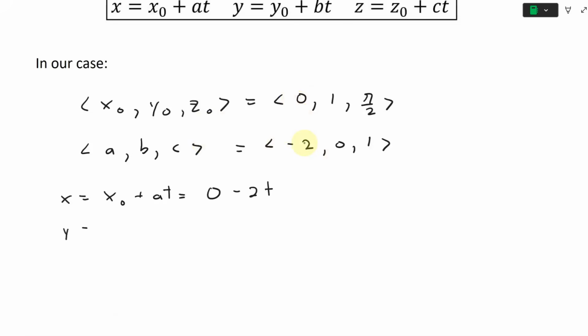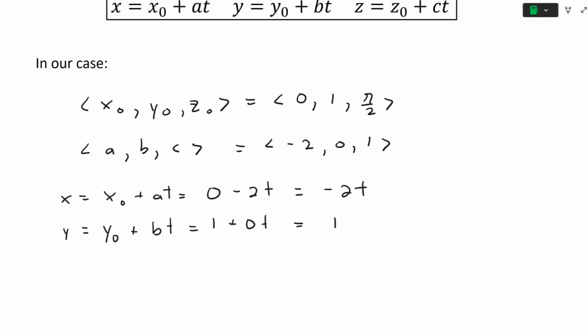And then the y is going to equal y naught plus b times t. Well, y naught is 1, and b is 0, so plus 0t. This one is equal to 1.